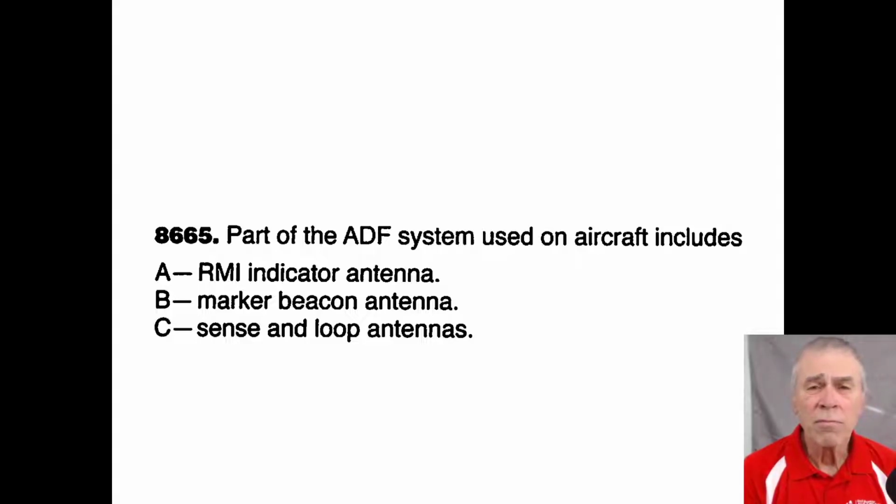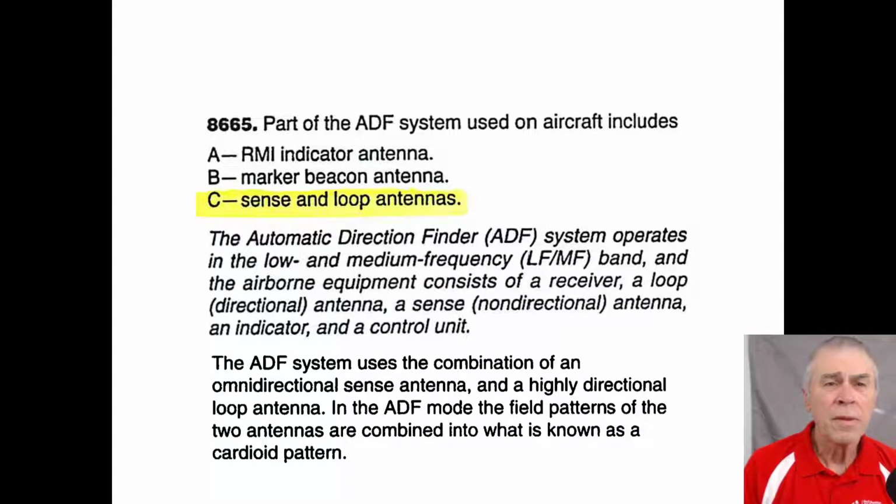Those are based on somewhat reality, but what are they really looking for? The sense and loop, or loop and sense antennas. C. And we already went into the details of those antennas.